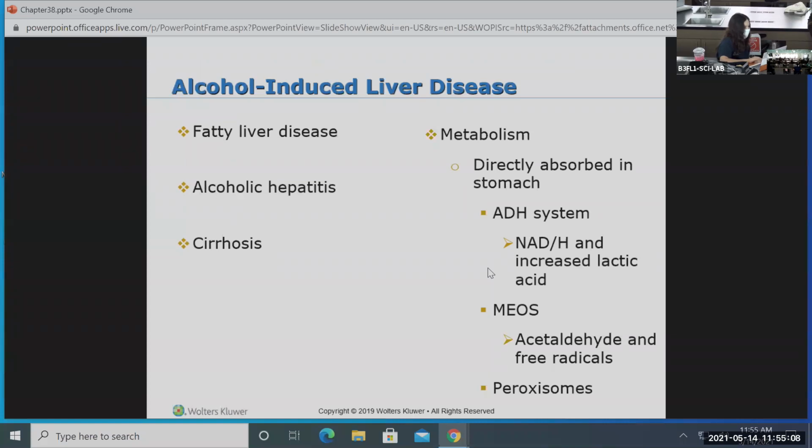Now, alcohol-induced is important, that causes fatty liver. Liver disease can be caused by fatty liver, can be alcohol induced, and lead to cirrhosis. This is a late effect of alcohol. And that's how the metabolism is going on with alcohol.